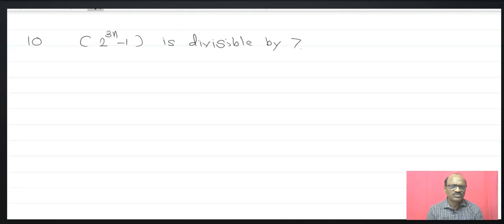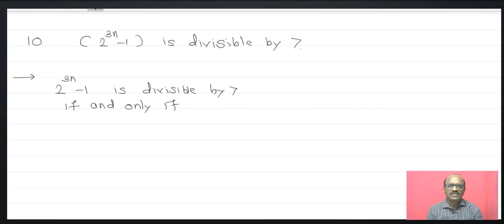Prove that 2 raised to 3n minus 1 is divisible by 7. That is, 2 raised to 3n minus 1 is divisible by 7 if and only if 2 raised to 3n minus 1 is a multiple of 7.